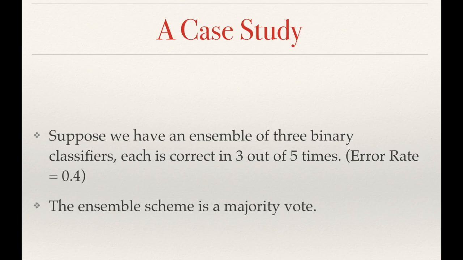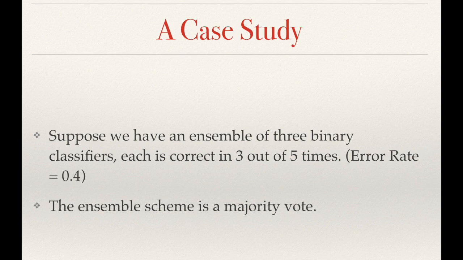Say each of our committee members, Alice, Bob, and Charlie, has an individual accuracy of about 60%. And when we make our final prediction, we take the majority vote. That is, if 2 out of 3 of the people predict in one way, we will take that way as our final prediction.